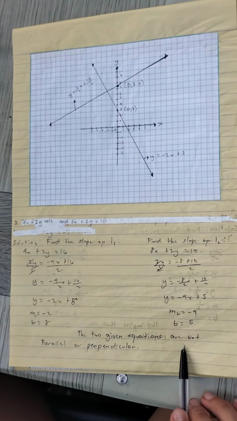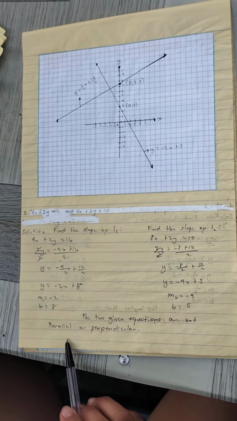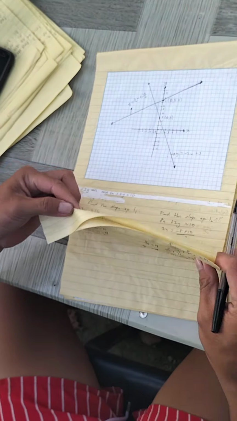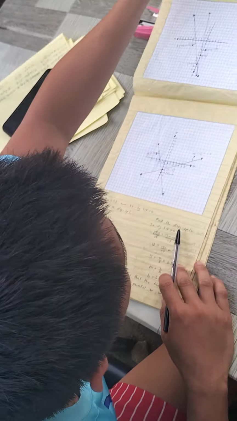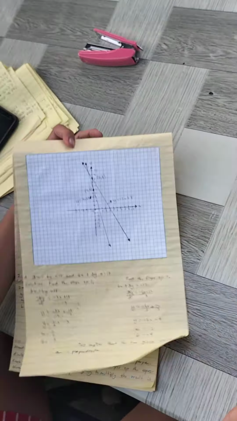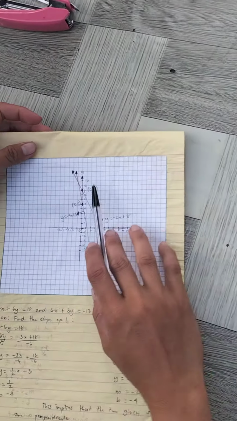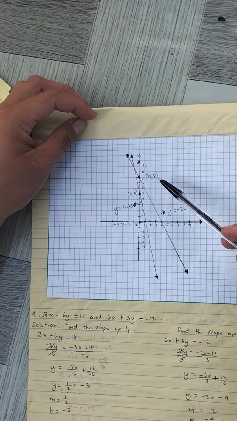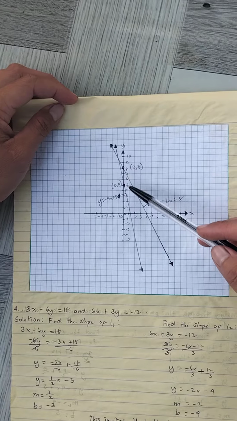The two given equations are not parallel or perpendicular. So this is the graph of number 3. It is not perpendicular, and it is not parallel.